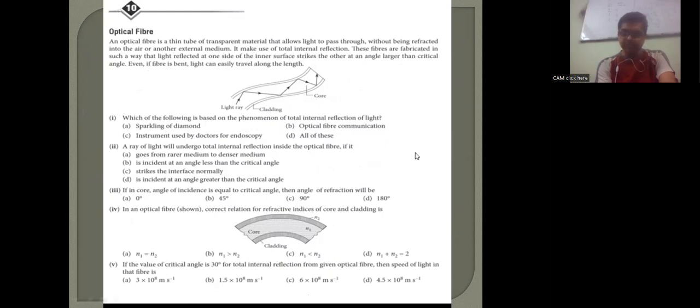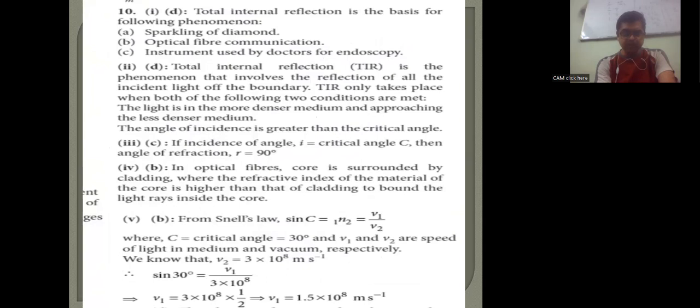Second, the angle of incidence must be more than critical angle. अब यहाँ पे उसने कहा है a ray of light undergo total internal reflection inside the optical fiber if goes from rarer medium to denser, incident light at an angle less than critical angle, or inclined at an angle greater than critical angle. Now student, its answer is more than critical angle.